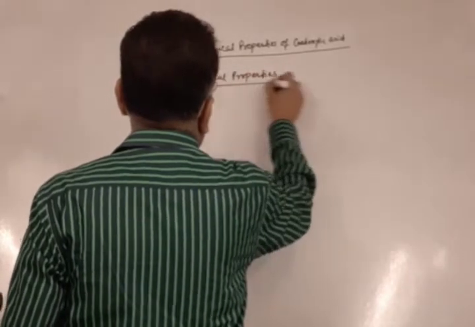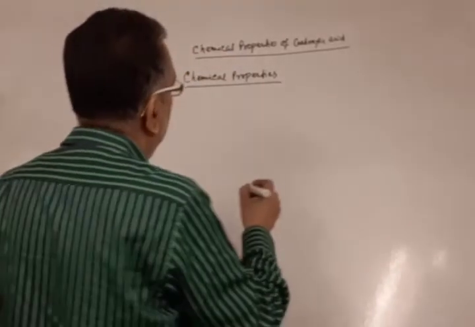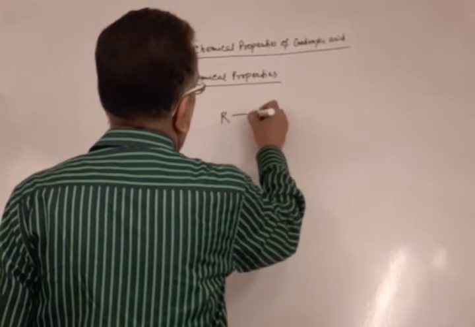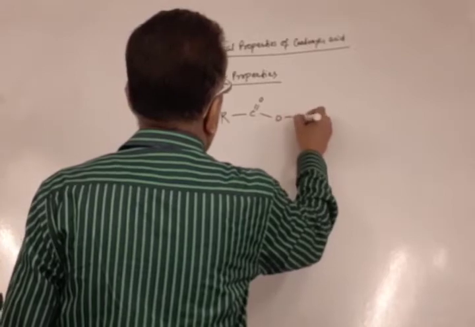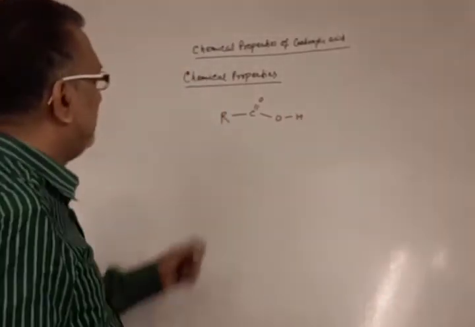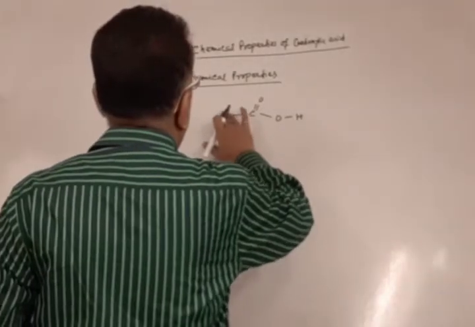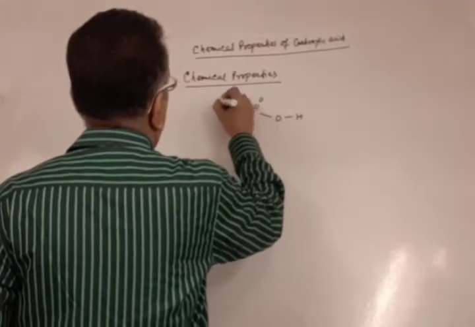Now in chemical properties, we will see that if we take the structural formula of this carboxylic acid, there are 4 attacking or reacting sites. Suppose we take this as hydrogen.